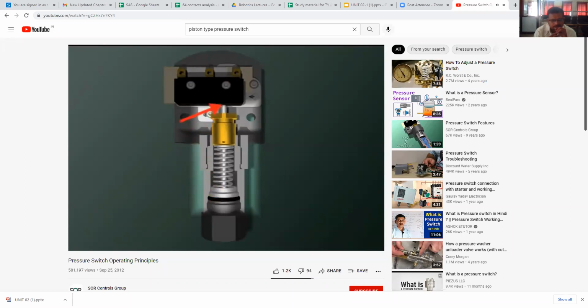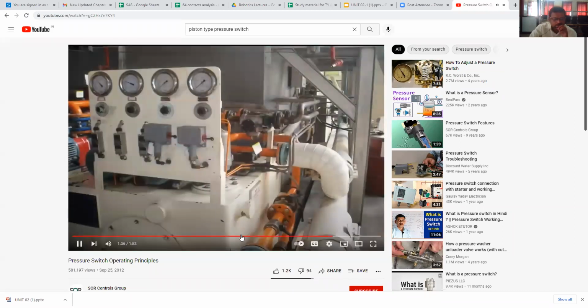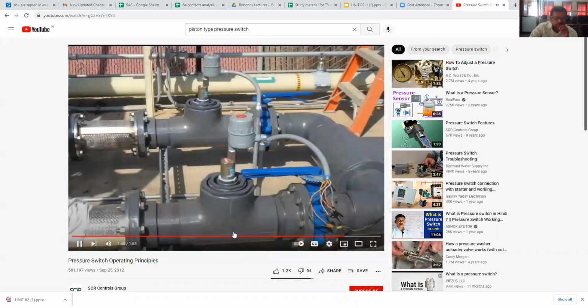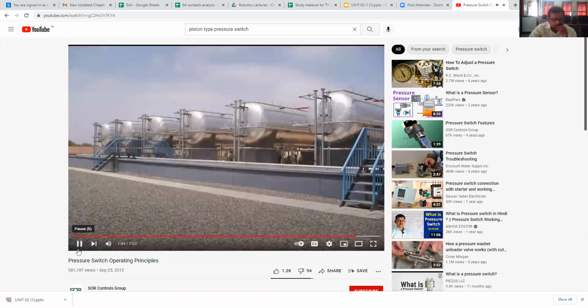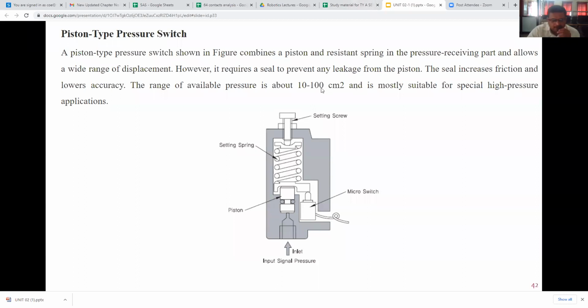As the diaphragm moves, it flexes and presses against the switch. The switch activates to control whatever causes the pressure to build up, such as the addition of reactive chemicals to the mixture, amount of gas or liquid in the process container, and so on. When the pressure diminishes, the spring takes over and the piston returns to its original position. And therefore, this is nothing but piston type pressure switch.